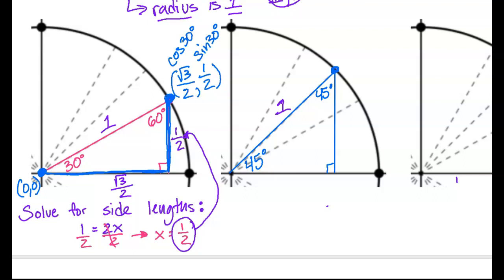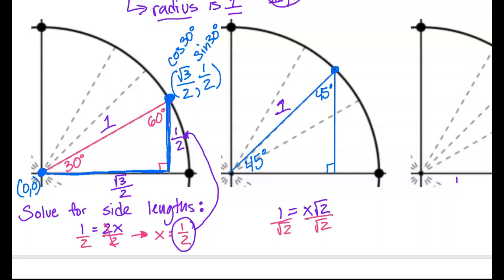So again, we have to solve for these side lengths. On a 45, 45, 90, the side across from the 90 is always what? Yes, x square root 2. So we do need to solve for x here by dividing by square root of 2.